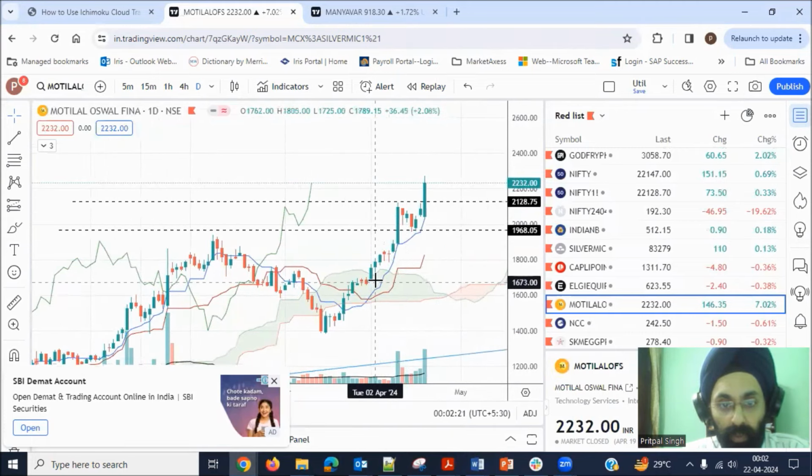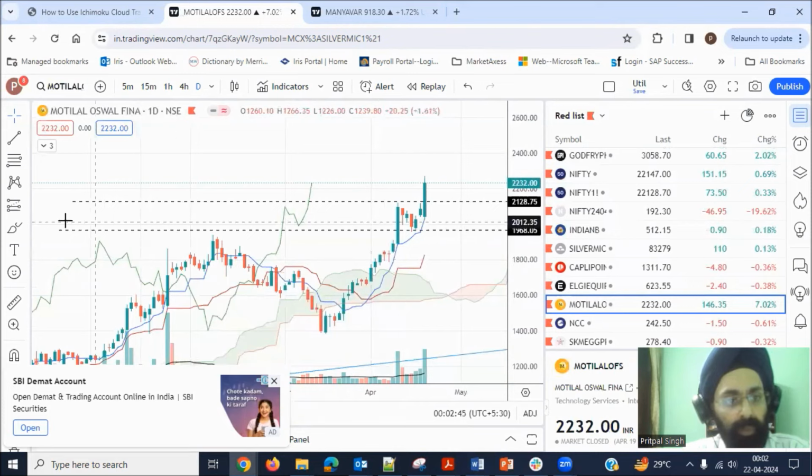If you see, the cloud is moving up, so this is the advantage. You are supposed to place the stop loss just below the lower boundary of the cloud. Since the cloud is moving up, you can place it somewhere here also, like you enter somewhere here, and it will be a very small stop loss, but for a conservative trader, you can place it somewhere here.